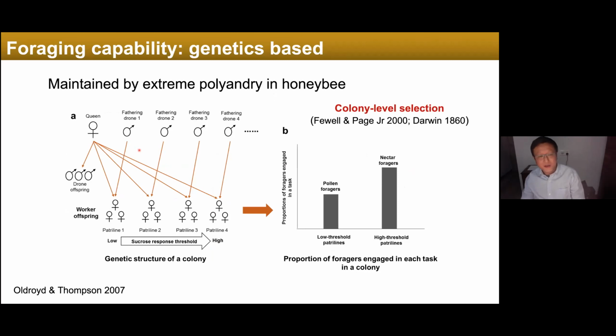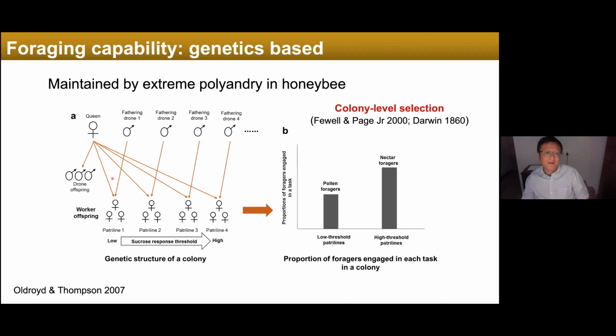And the variation in this gene has presumably come from the different fathers. We know that honeybees have an extreme polyandry system where a virgin queen mates with multiple drones from different colonies.